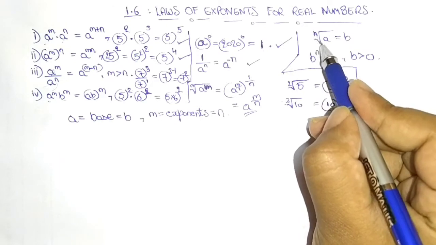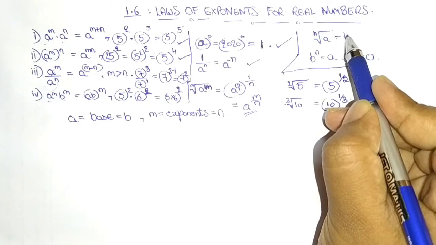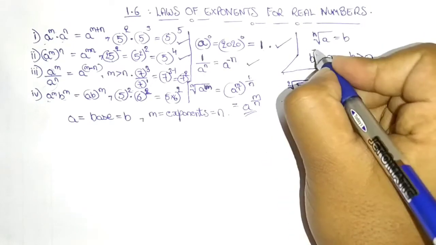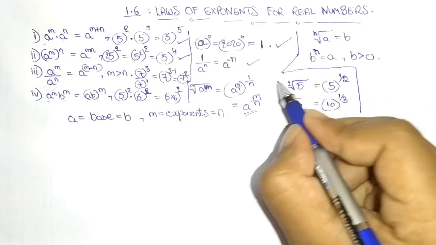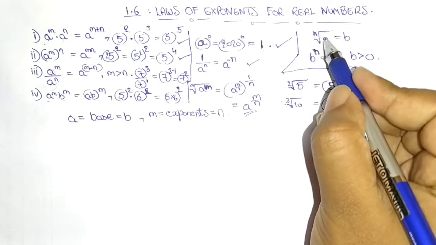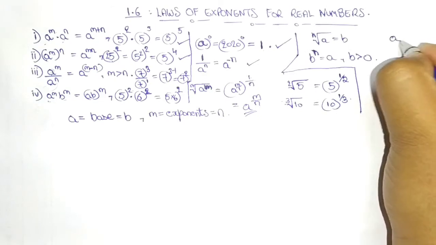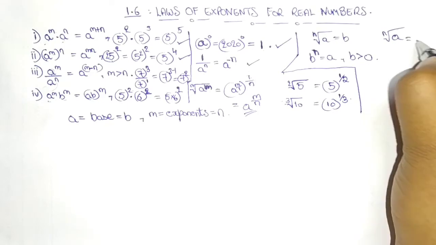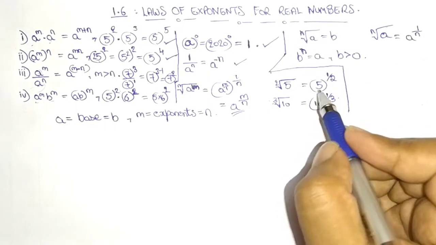Whatever root is present here, if we take it to this side, it is going to be in the exponent form, but as a reciprocal like 1 by n. If we are writing nth root of a in exponential form, then we would write it like this: nth root of a can be written as a power 1 by n. That's what I told here.